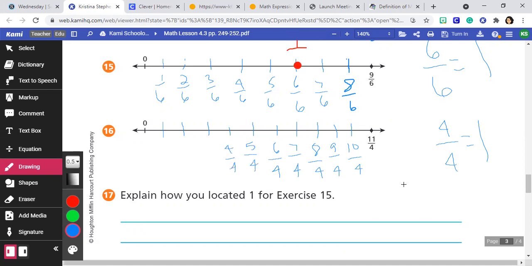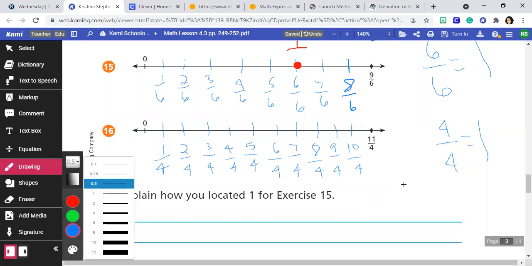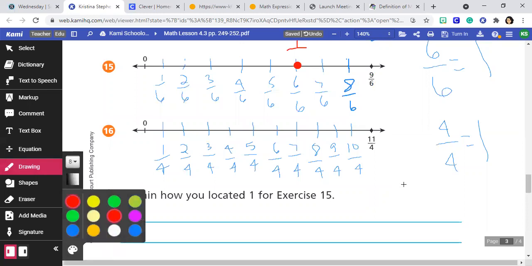We know that's going to be 1, don't we? 3 over 4, 2 over 4, and 1 over 4. And then obviously that's 0 there. So let's plot our number 1 at 4 over 4 right here. That is where 1 is. So we've got 1 right there. And I've made a fancy one to show you.